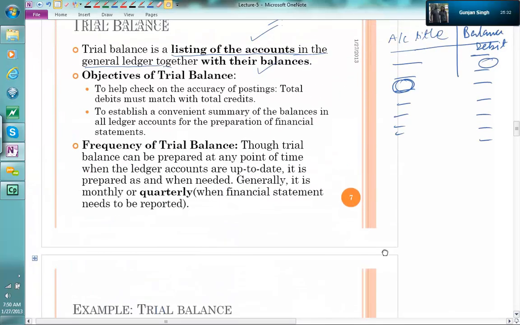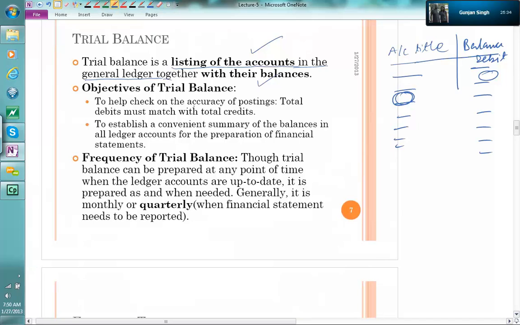So the first objective is to check the accuracy of the postings. Total debits must match with total credits. The second objective is to establish a convenient summary of the balances in all ledger accounts for the preparation of financial statements. Here, at one place on one page, you will have a summary of all the accounts.